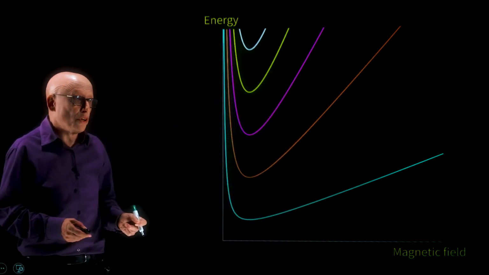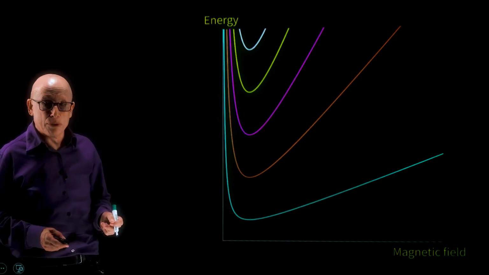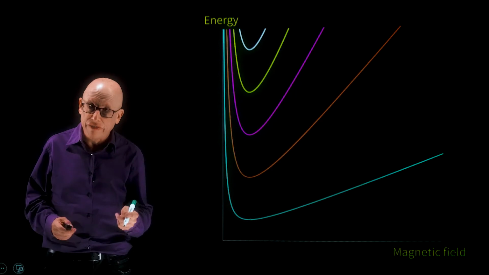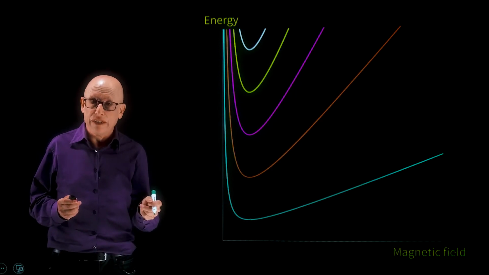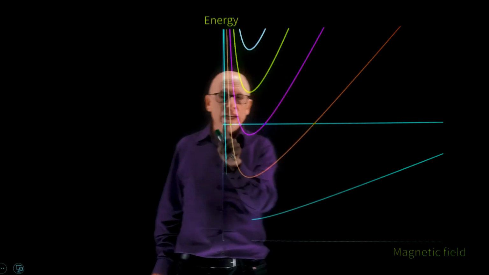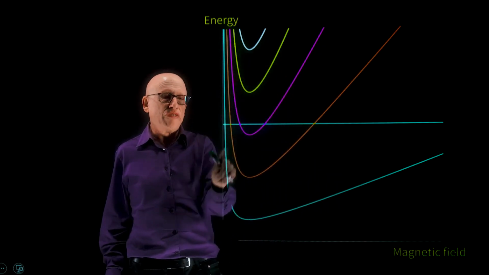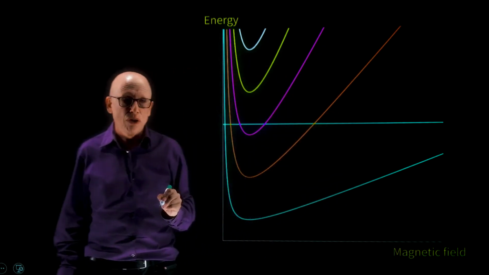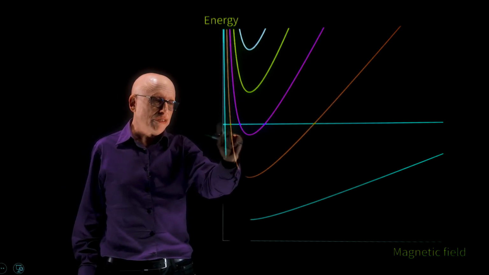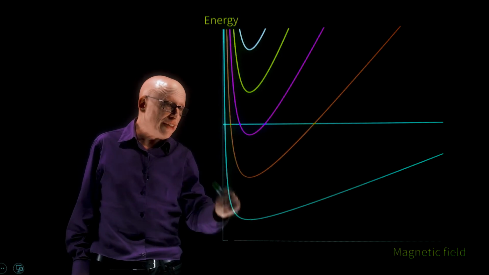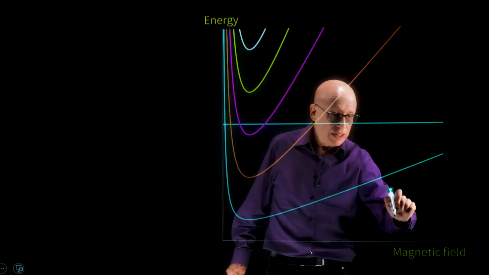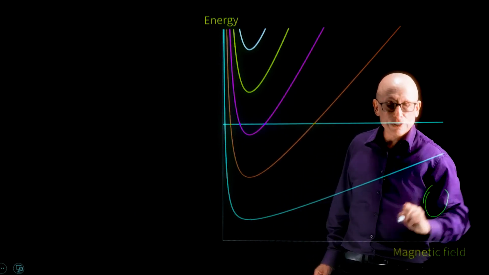Now let's imagine what happens if we fix the chemical potential and we ask what does the Hall conductivity do as a function of magnetic field. So let's fix the chemical potential and start going from zero magnetic field and see what happens to the Hall conductivity. Well, here at the very weak magnetic fields, you see that this region is connected to this region, where sigma xy was 0.